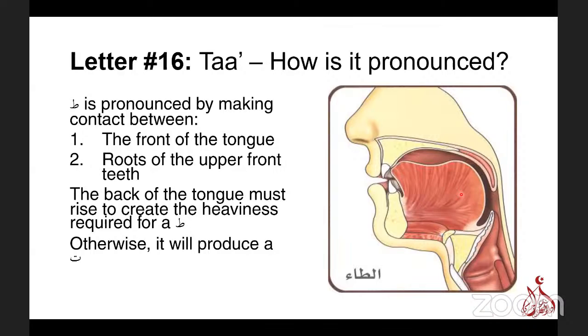When you say the Kha sound, make the sound but put the front of your tongue on the upper teeth, and a Tha will automatically come out. So there's no need to put some force into the Tha to make it heavy. It's just the way any sound will come out.